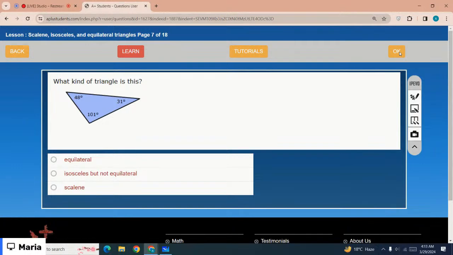What kind of triangle is this? What kind of triangle is this? Yes, scalene it is.